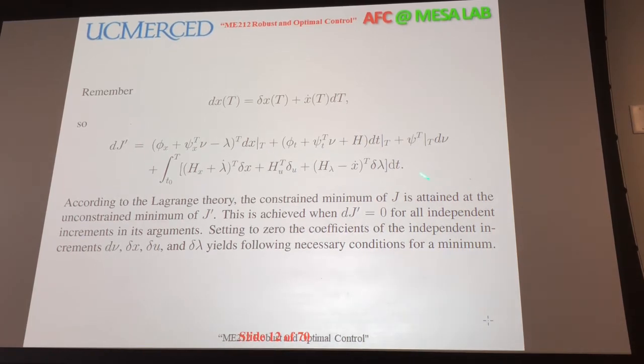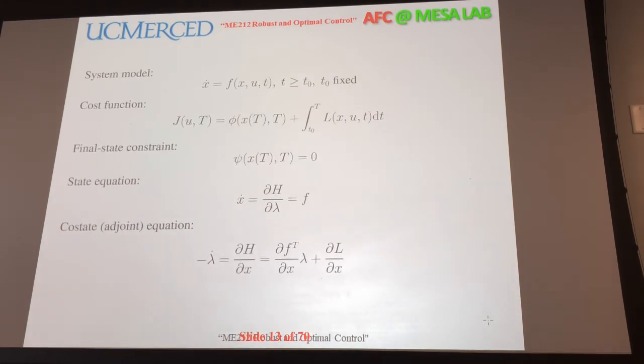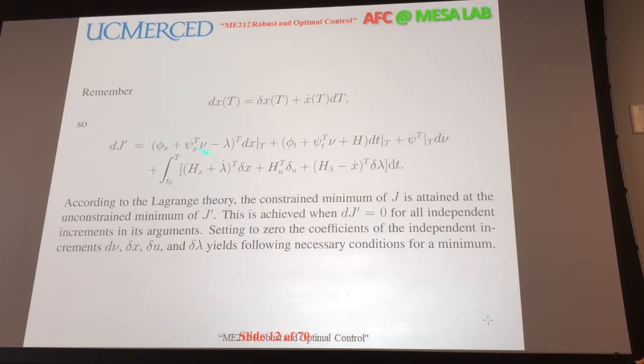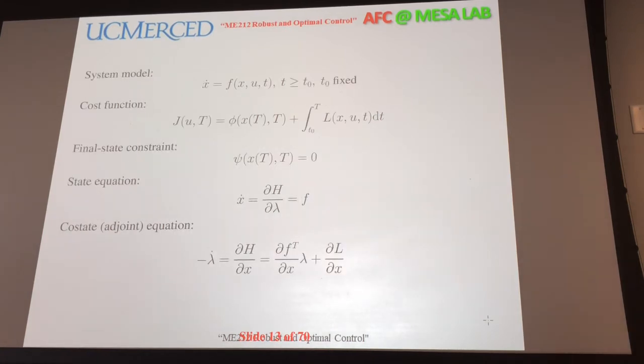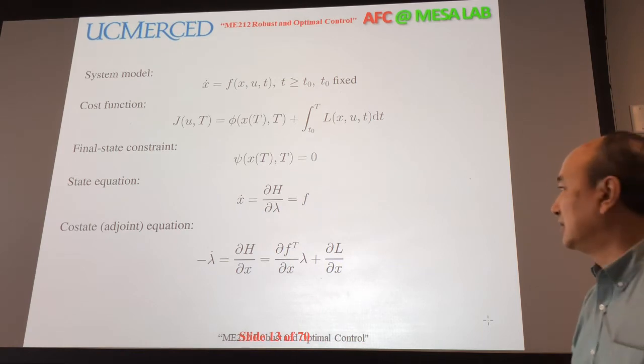So you set this one 0, then these must be 0. So that's why for the first one, h x lambda dot is 0, you need h x lambda dot equals 0. So this is called the co-state equation or adjoint equation.